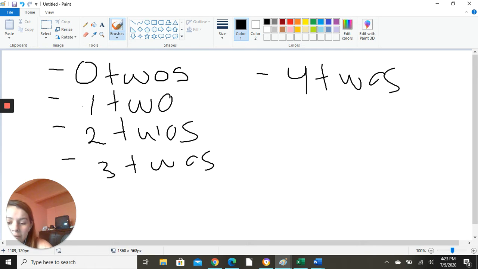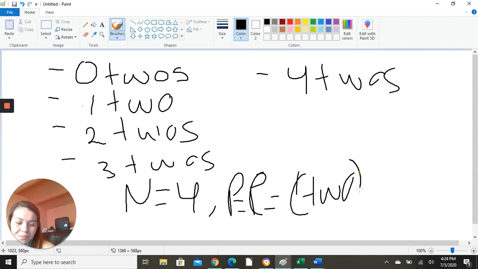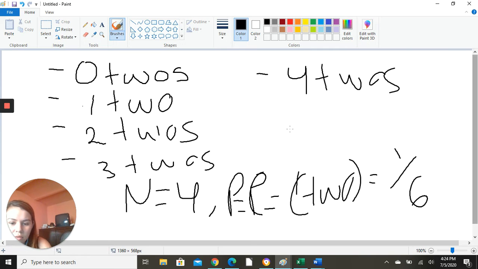So that means that n is going to be equal to 4, and p, for the probability of getting a 2, equals 1/6.